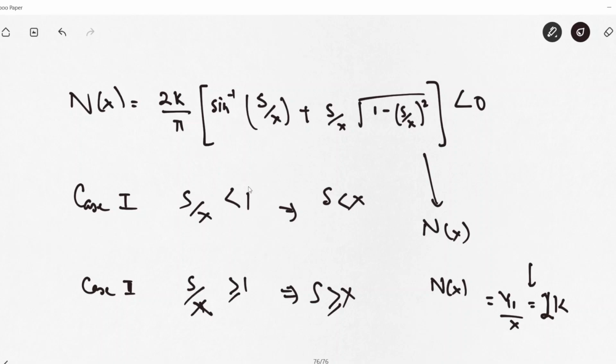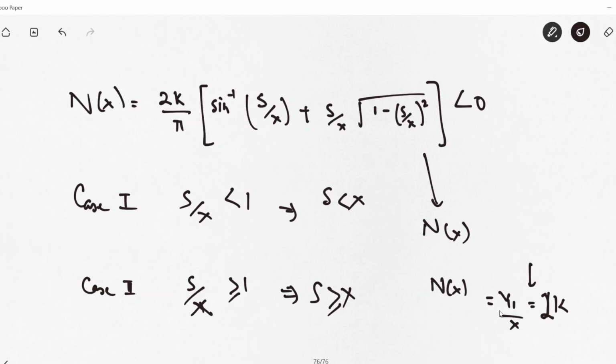So depending upon the slope of the linear curve, we'll be having a relationship between y1 and x. In other words, y1 by x will actually be a constant. So that means y1 will be simply a constant times x. That means it's actually a linear relationship with respect to the input.